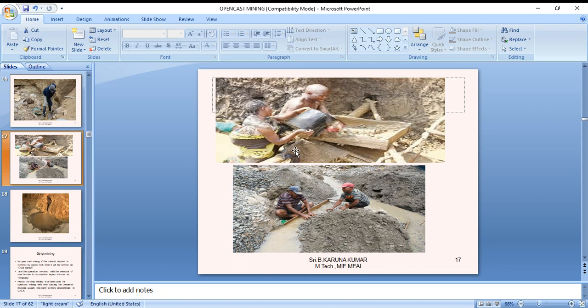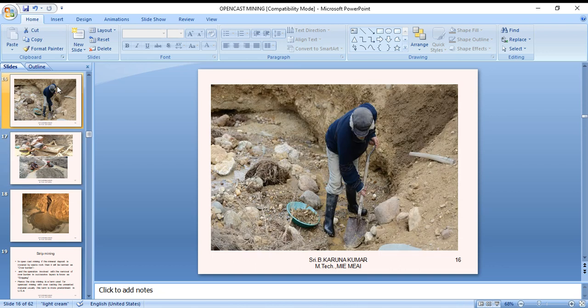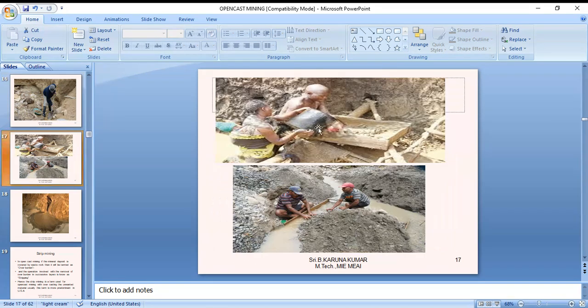In South Africa, people collect all the material like what is shown here. These materials are again washed with water to get the valued material.